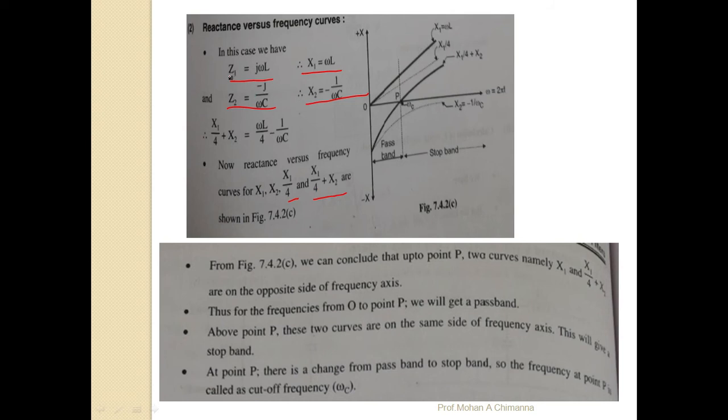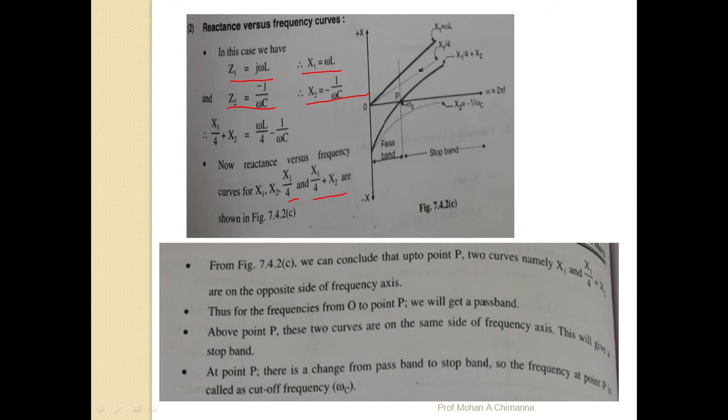By observing these equations Z1, Z2, x1, x2 along with the frequency, which is called the angular frequency, plus x and minus x we have to calculate. So x2 is equal to minus 1 upon omega C, x1 is equal to omega L, and x1 upon 4, all these parameters change linearly with respect to the frequency.